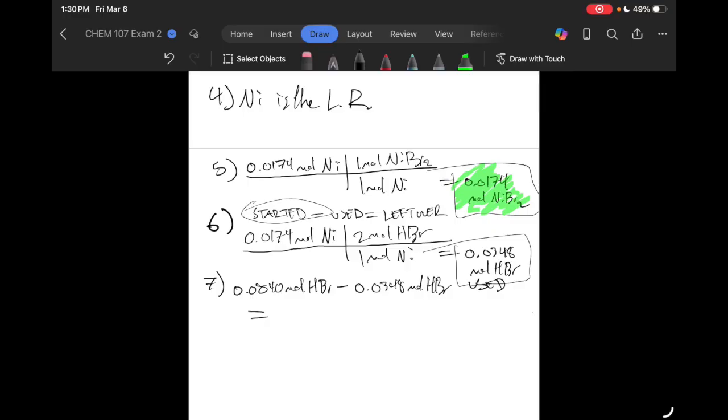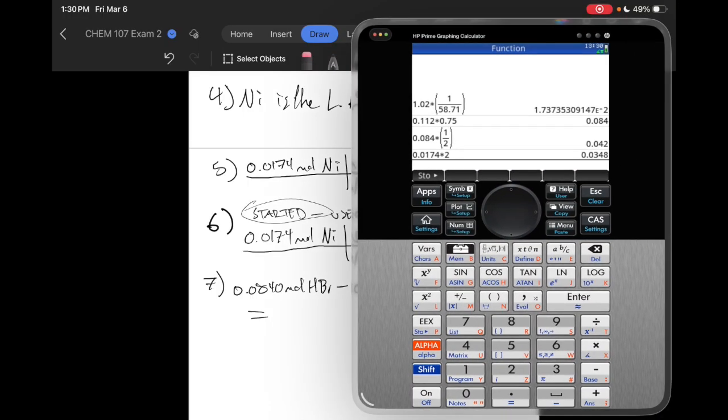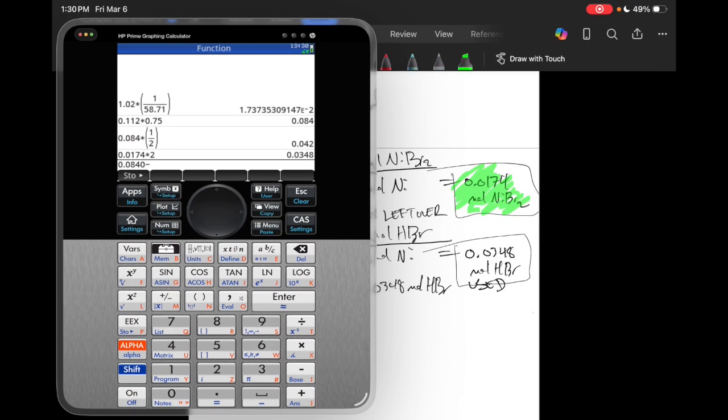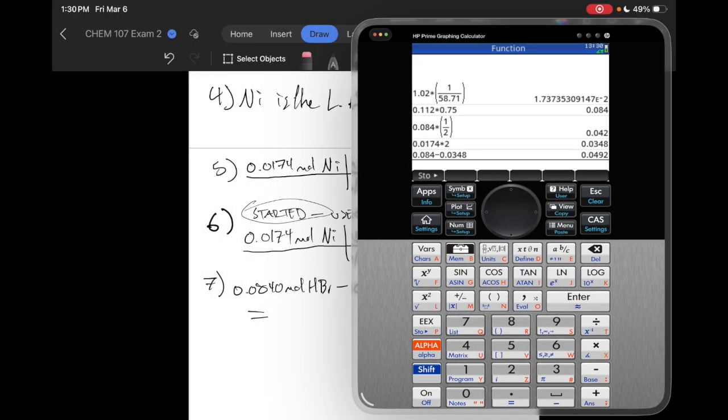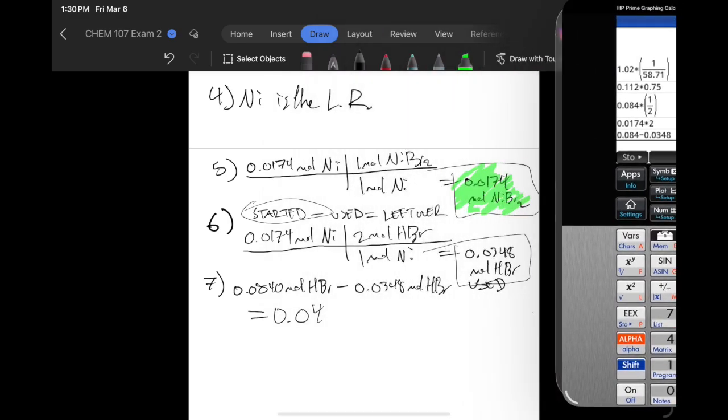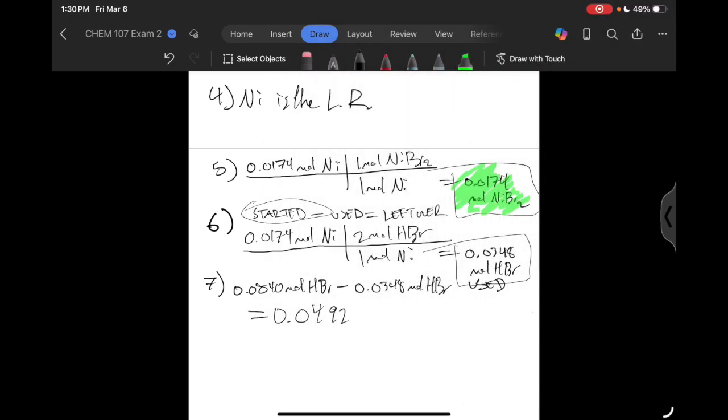Put this into a calculator: 0.0840 minus 0.0348. That's going to give us 0.0492 moles of HBr left over.